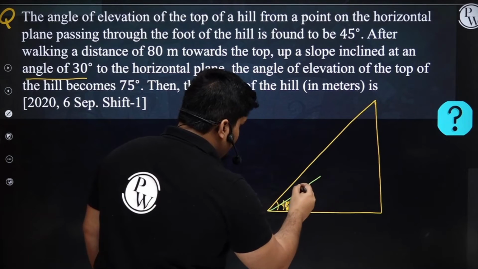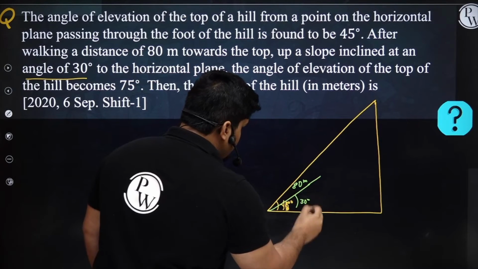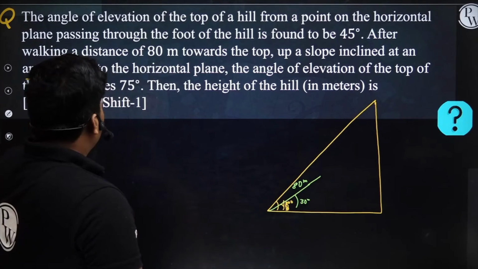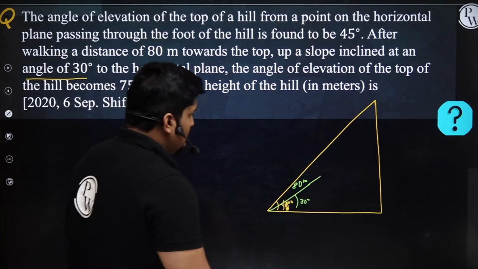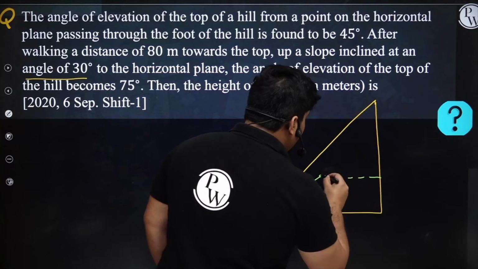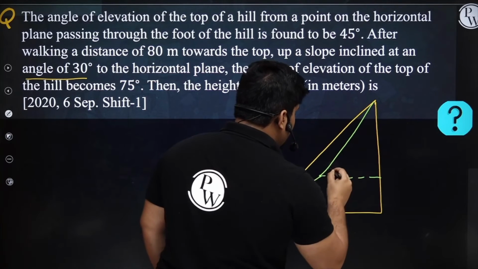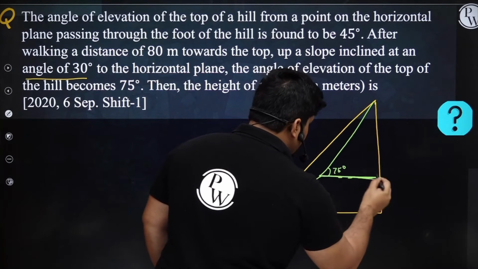And how much you are walking? 80. And this is 30 degree. The angle of elevation at the top of the hill becomes 75 degree. Okay, so from this point, the angle of elevation becomes 75 degree. Fine. And what we have to find out?